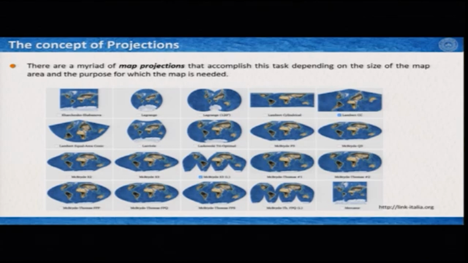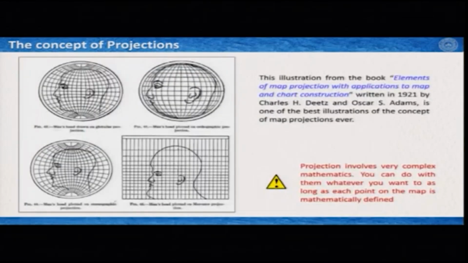Now, this is not only valid for a map, you actually can project anything in different ways. So, in this illustration that we see, these are human faces, this is one human face, and you can see that based on the different grids that we see, the face has been projected differently in this area.